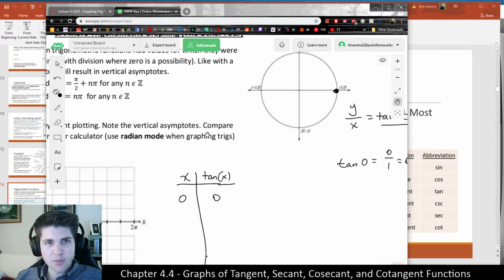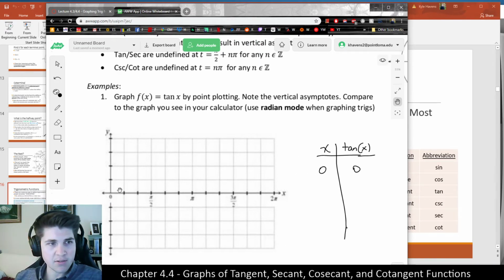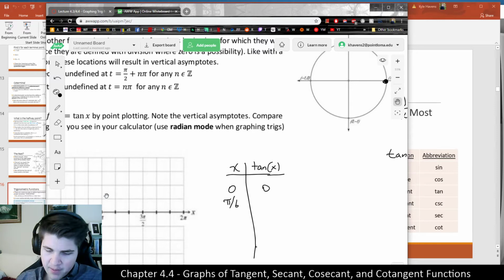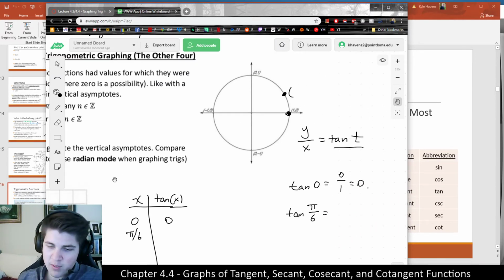Anyways, let's move on to pi over 6, because that's the next point on our graph, as described before. And so that will be our next value that I choose to graph. And again, if I want to define tangent of pi over 6, I can do it over here. It will return y over x. And remember, that point was the first point vertically from the initial point, which had a t value of pi over 6.